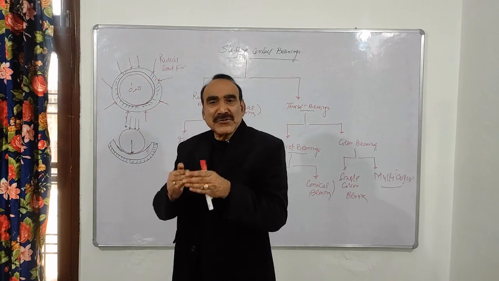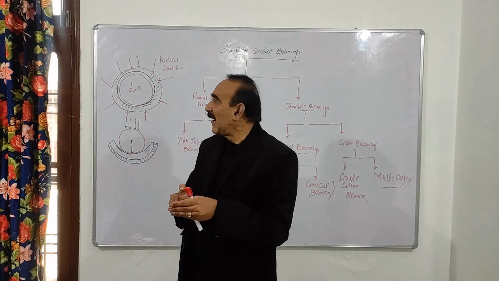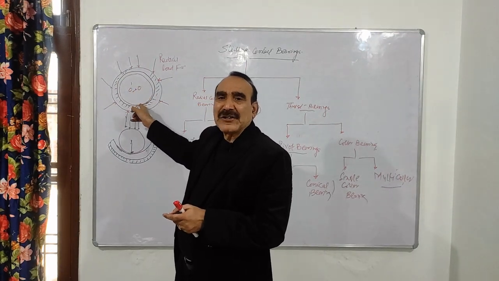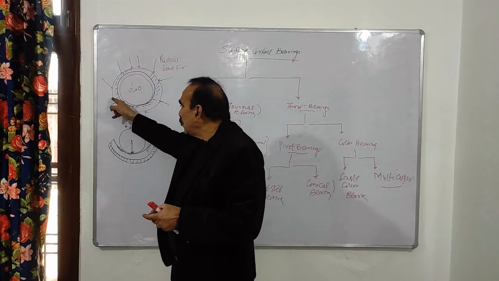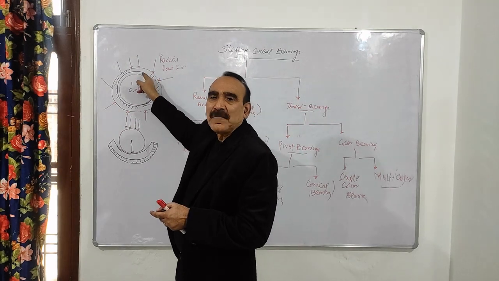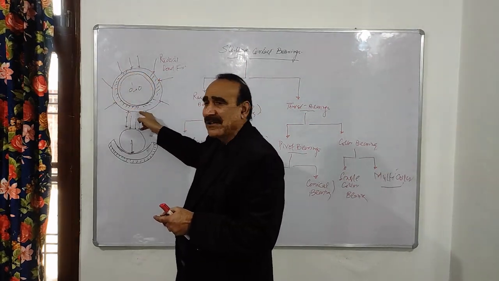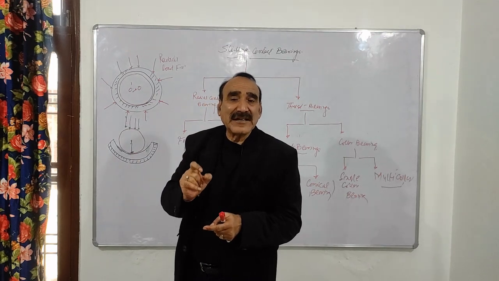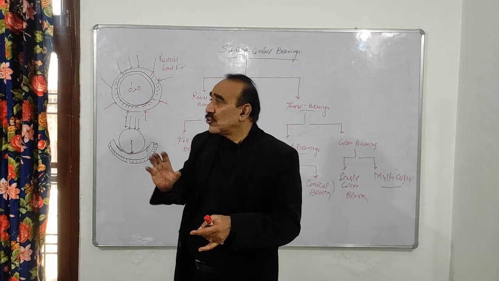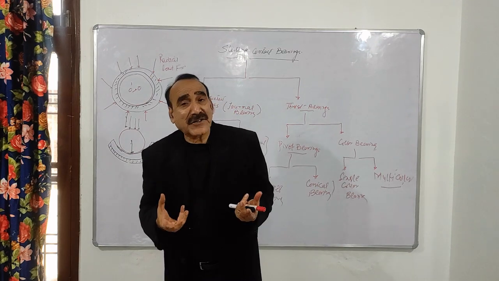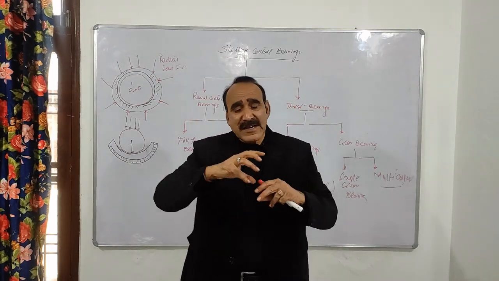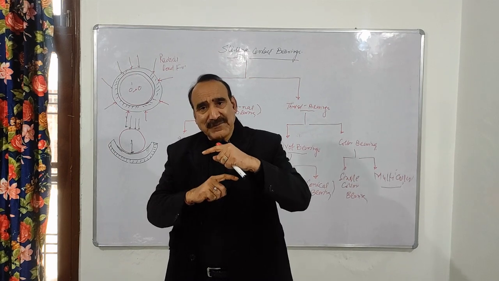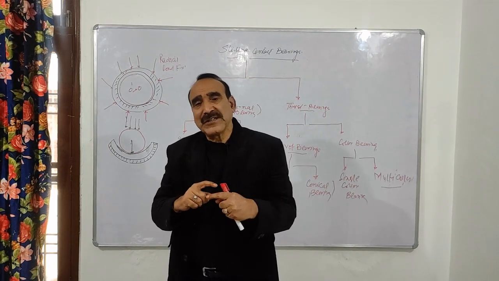So when it is transferring the torque, it means that the direction of the load is not only in one direction, but it is throughout its periphery, you can say 360 degree direction. At 360 degree direction, the radial forces are acting on the shaft here. So in this case we need the full protection there.